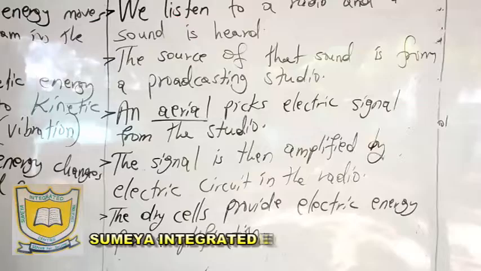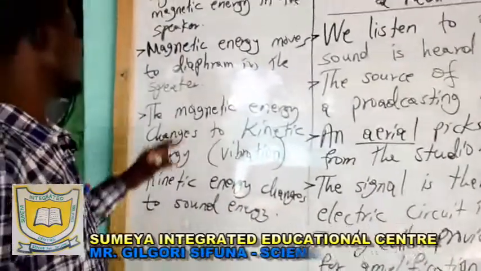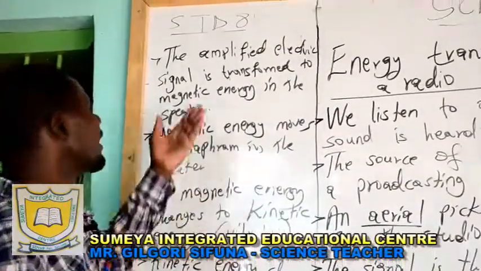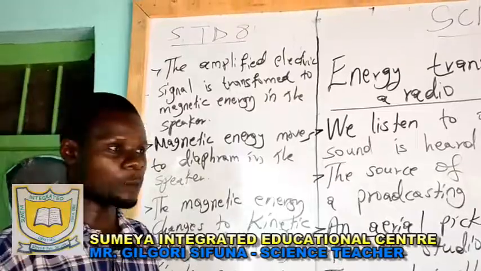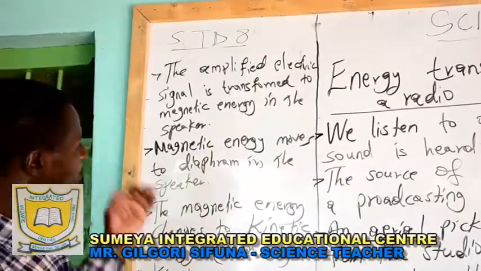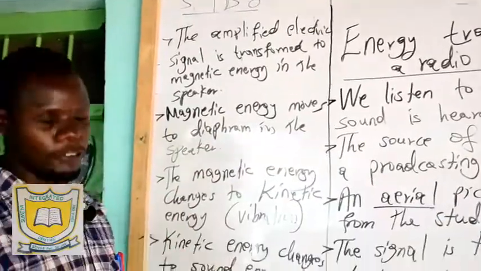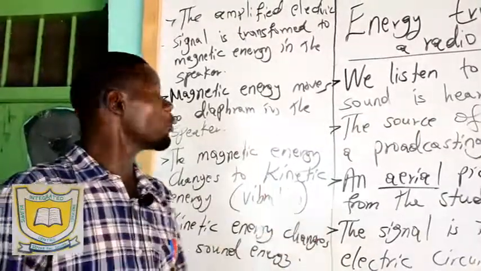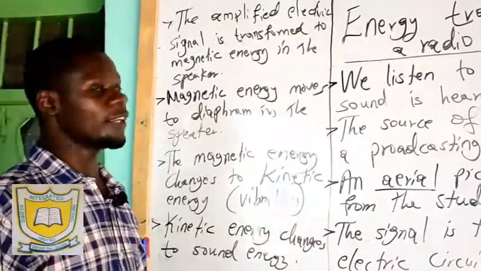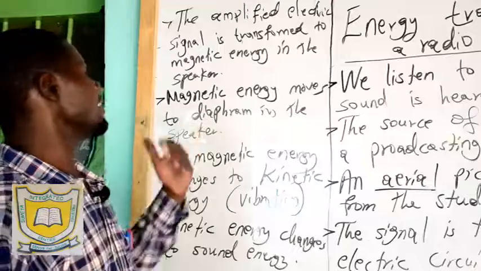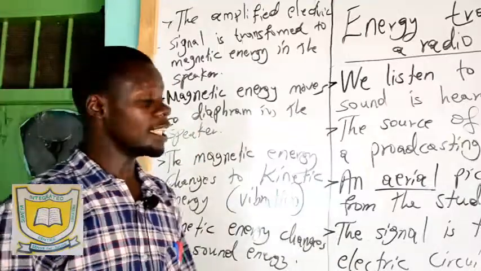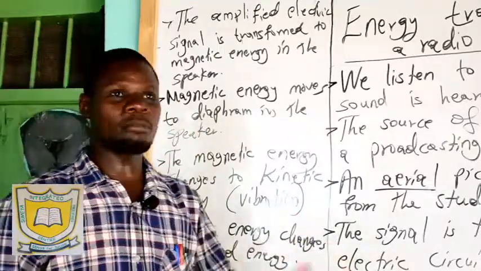Now the amplified electric signal is transformed to magnetic energy, which is found in the speaker of the radio. Then magnetic energy moves to the diaphragm. The speaker has a cloth-like substance known as the diaphragm. As it goes to the diaphragm, the diaphragm starts vibrating.